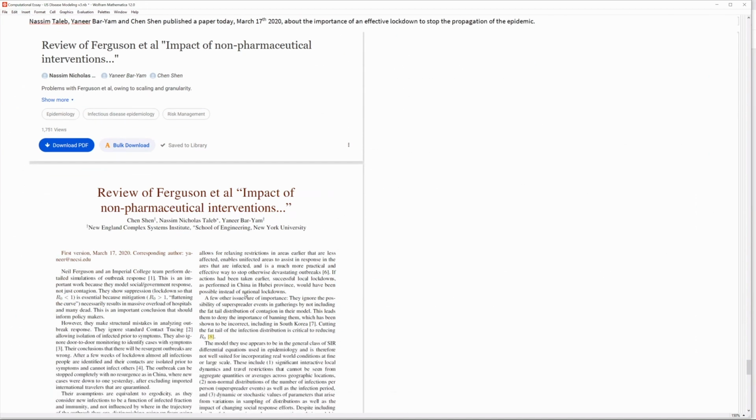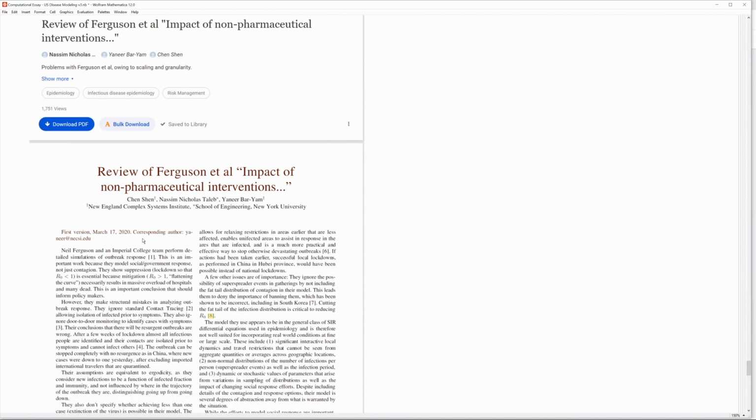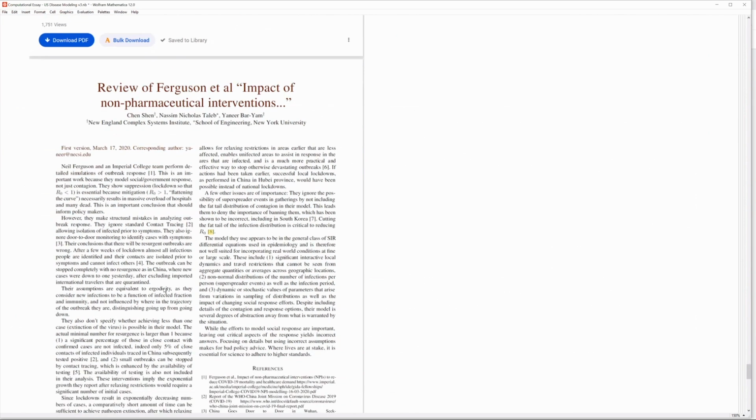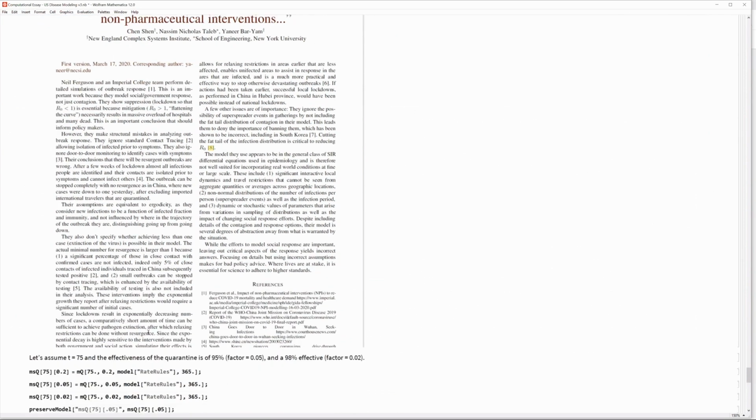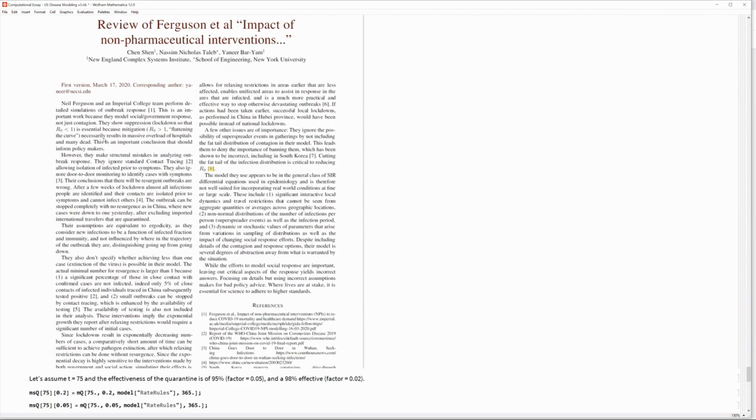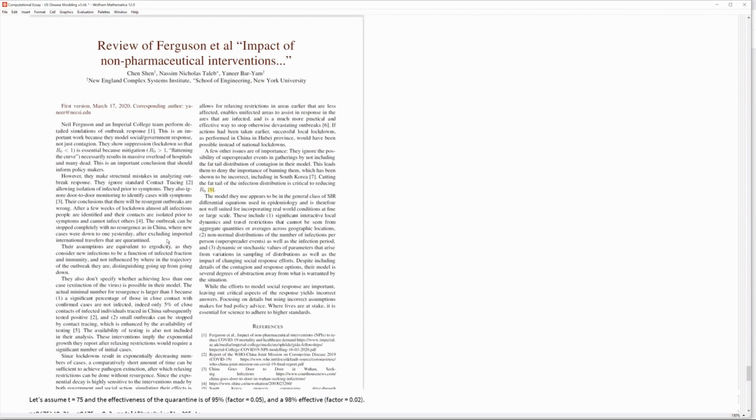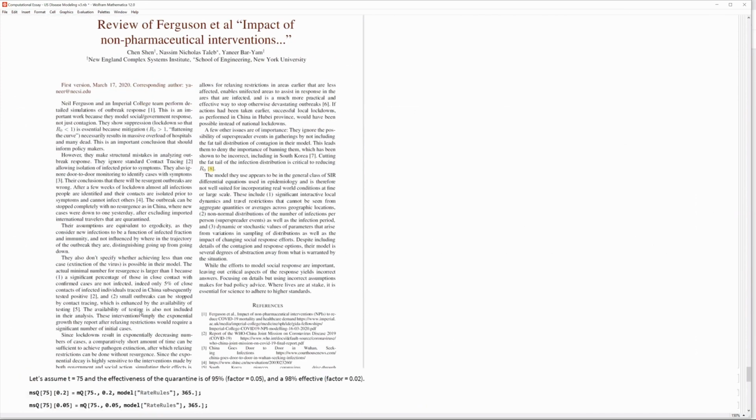The more effective it is, the better, and we haven't discussed this today, but there is the reproductive rate, which is derived from the beta we saw before and the gammas and other things that you can read about on Wikipedia. They published this paper stating that it's important to get this done earlier and do this effectively.